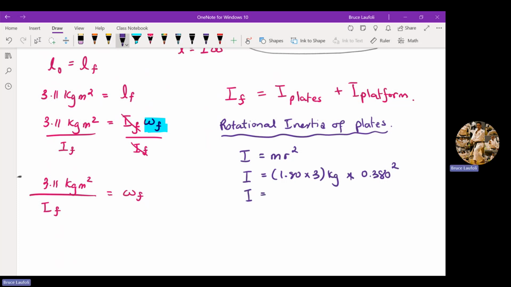That should give us, where's my calculator? If you want to do this as well, just pause the video, of course. 1.8 times 3 times 0.38 squared gives 0.77976 kg m squared.